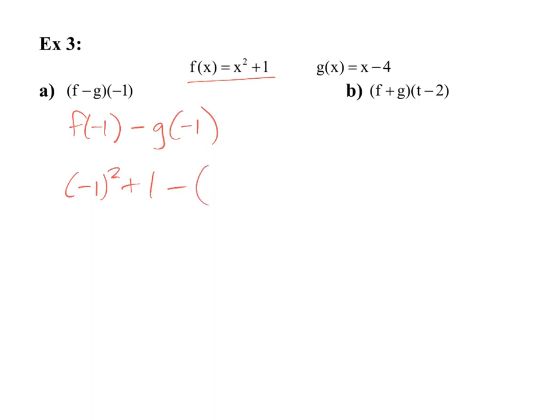Once again, make sure you put that quantity in parentheses because you may have to distribute the negative, but in this case we could just simplify it inside. So I have 1 plus 1 minus -5, so 2 plus 5, which is 7.